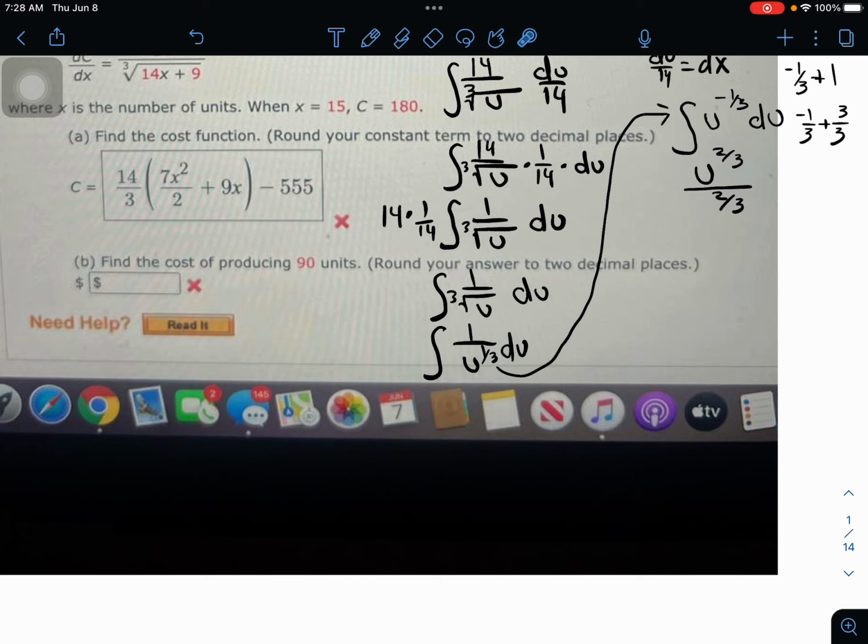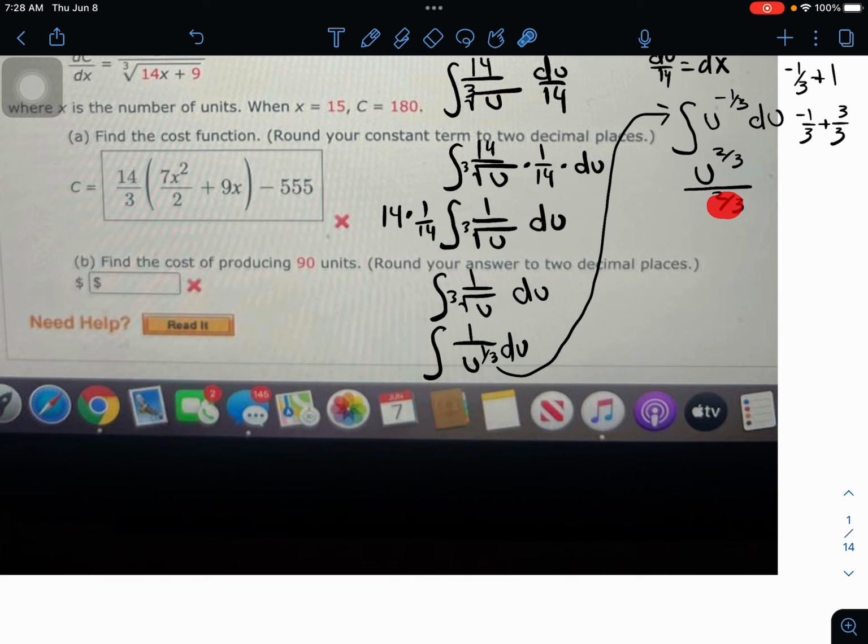Just to recap what I did: when you're doing the power property, add a 1 to your exponent. That's what I did over here. I added a 1 to my exponent, I got a 2/3, and then I divide by my new exponent, so I divide by 2/3. Now, if you remember from arithmetic, when you divide by a fraction, you're actually multiplying by the reciprocal of that fraction.